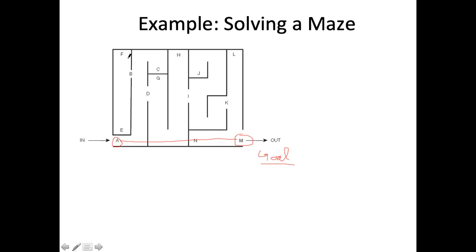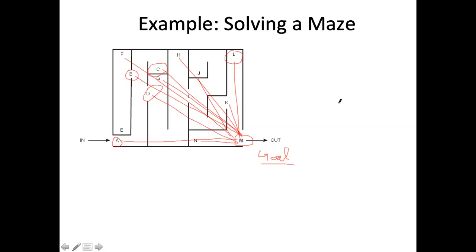So similarly, if this maze is given to me, I have to find the heuristic cost of B. So the heuristic cost of B would again be the displacement or the straight line distance between B and M. In the same way I can find the heuristic cost of every node. The heuristic cost from C to M can be found, from L to M, from D to M, N to M, and similarly K to M and J to M and H to M. Similarly, all these nodes' distance from your goal, right?